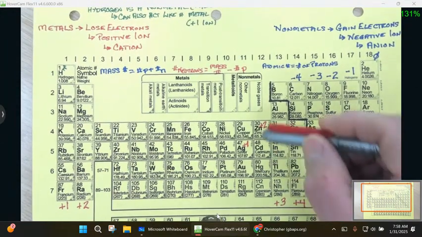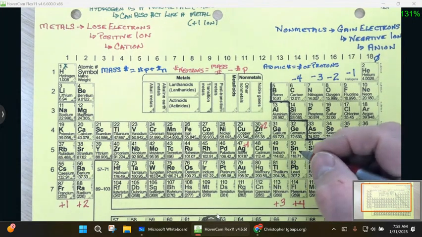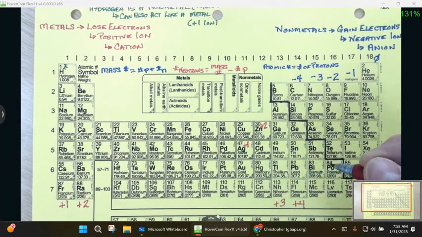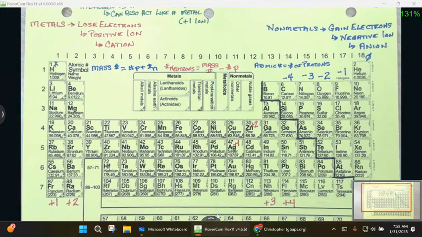So, these two, we know their charges. The rest of these, we don't. Now, for every rule in chemistry, there is always an exception. Those are the exceptions in this area. Those are the ones that only have one charge. But now, ladies and gentlemen, we are going to talk about tin and lead for a second. What is the charge on tin according to where it's at on the periodic table?